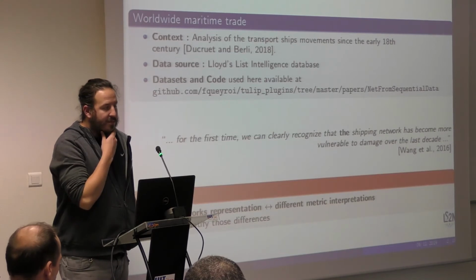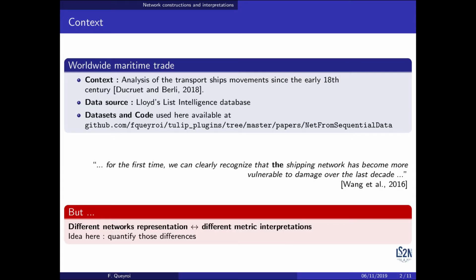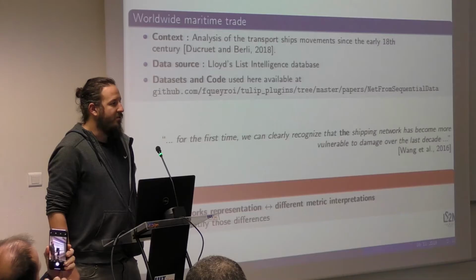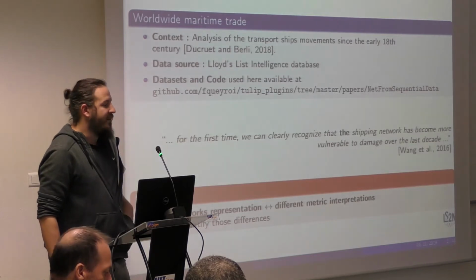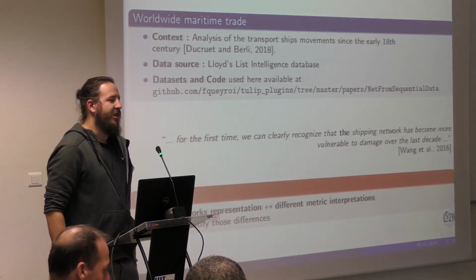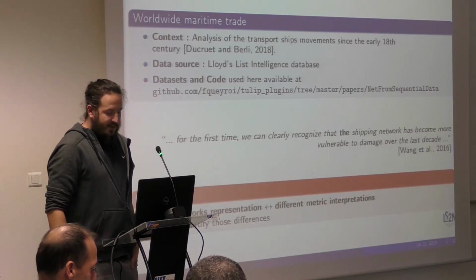In a recent paper, Wang et al. discussed this topic, and they found, when comparing different periods, that recently the maritime network became more vulnerable to attack or to radical change, like, for example, a fire in a port or something like that.